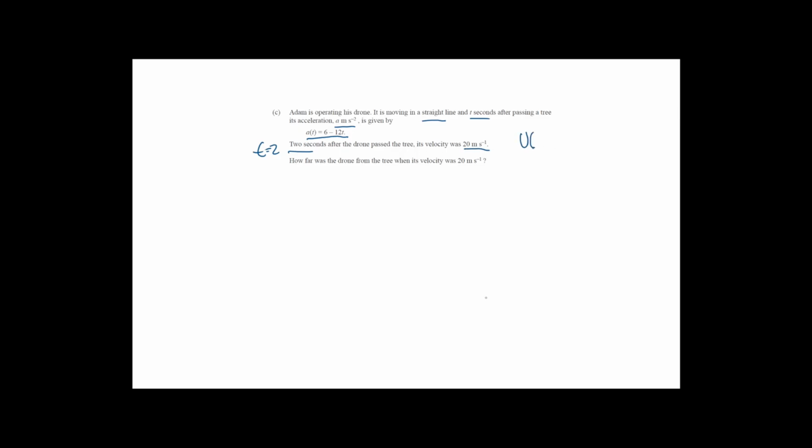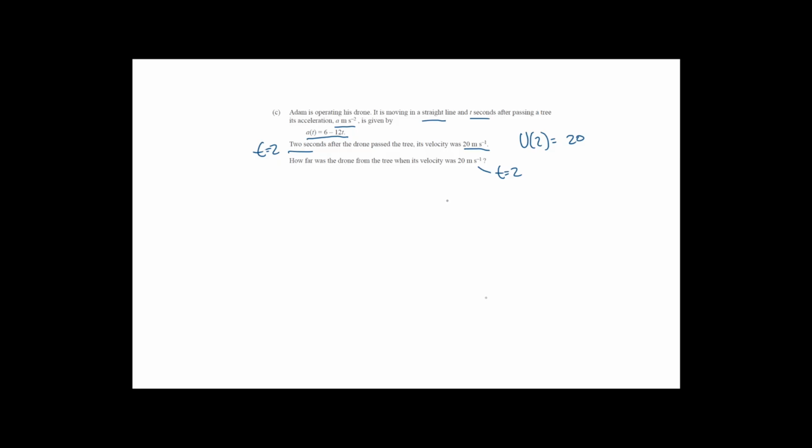So in other words, v2 is 20. How far was the drone from the tree when its velocity was 20 meters per second? In other words, when t equals 2. All right, they give us a lot of information there.